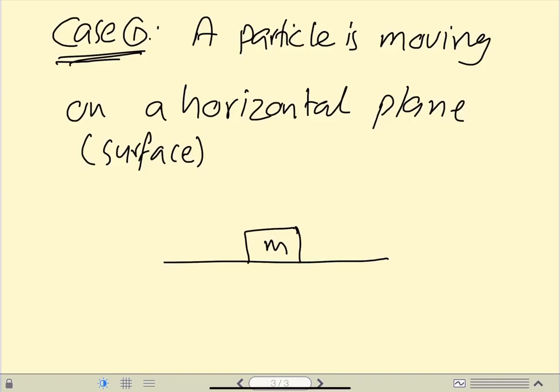So we have to show in this diagram which direction the particle is moving to. We display it like this. We mean by this that the particle is accelerating a meters per second squared in this direction.